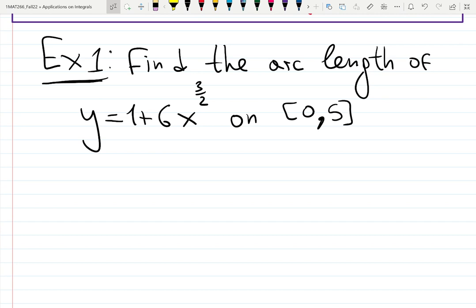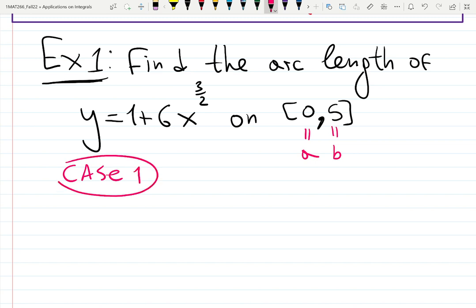I don't give you whether it's a or b, but you can guess: y equals 1 plus 6x to the 3/2, and 0 and 5 are a and b. It immediately gives you case 1. If everything is given in terms of x, why would you go to case 2?